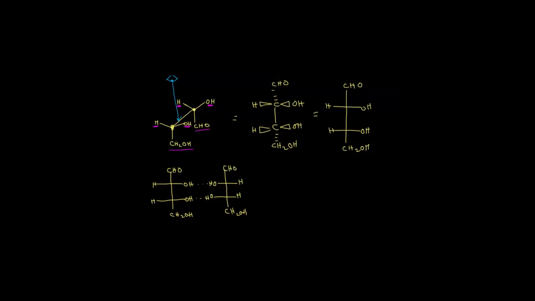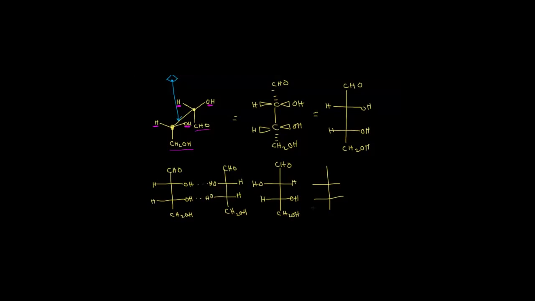If I wanted to draw the other 2, right, I can just go ahead and real quickly put in my Fischer projections right here, right? So I have 2 more to go. And I'm going to put the OH over here, and then the H over here, and then the OH over here, and the H over here. All right, so this is yet another possible stereoisomer.